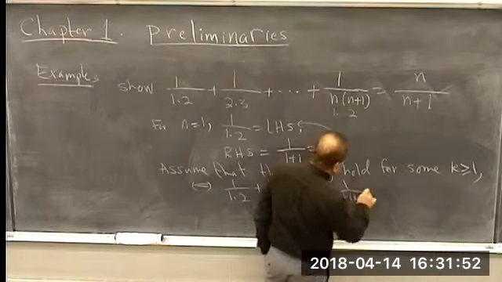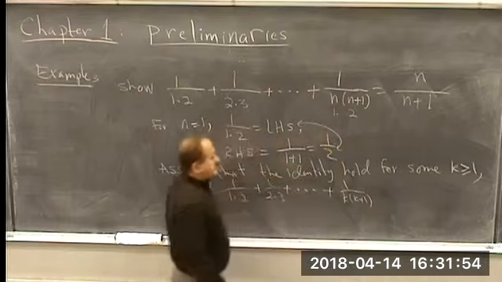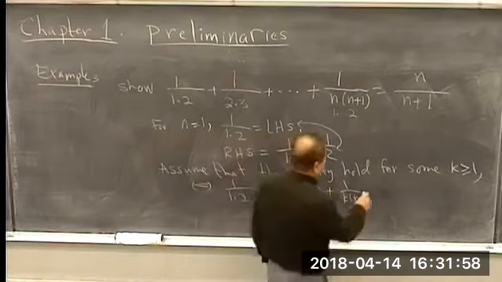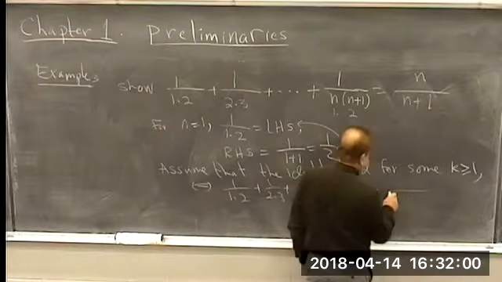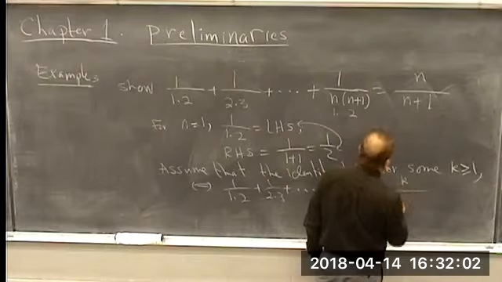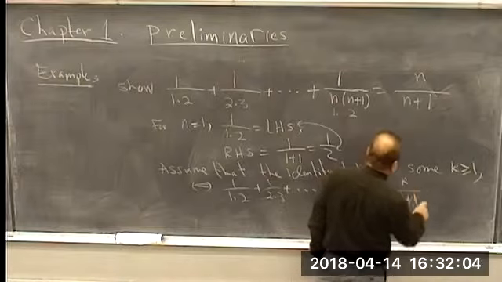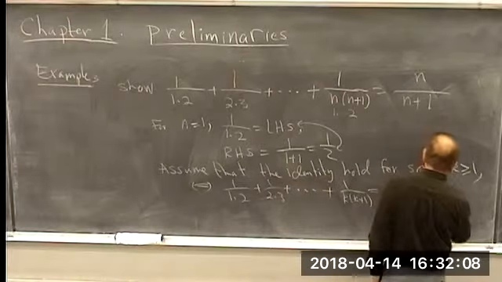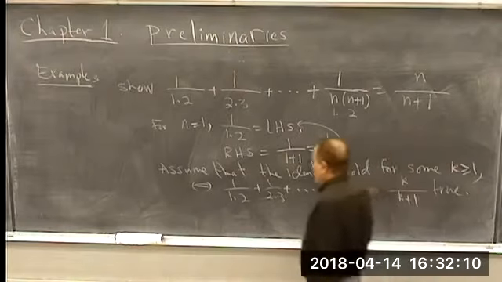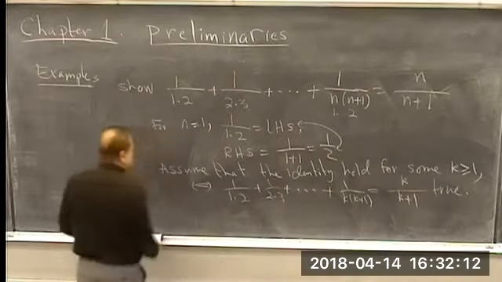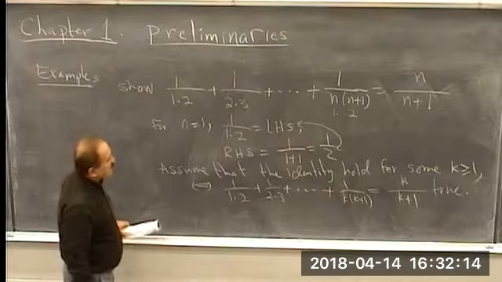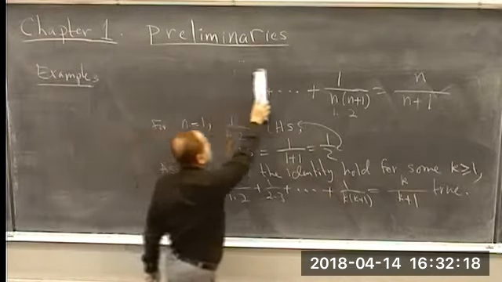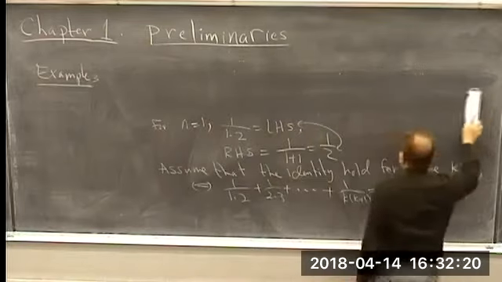Some people sometimes use even the same n instead of using another letter, which is fine. So we can assume that this is true. Then we need to show that the statement is true, or the identity is true, for k plus 1. So let's see what it looks like for k plus 1.